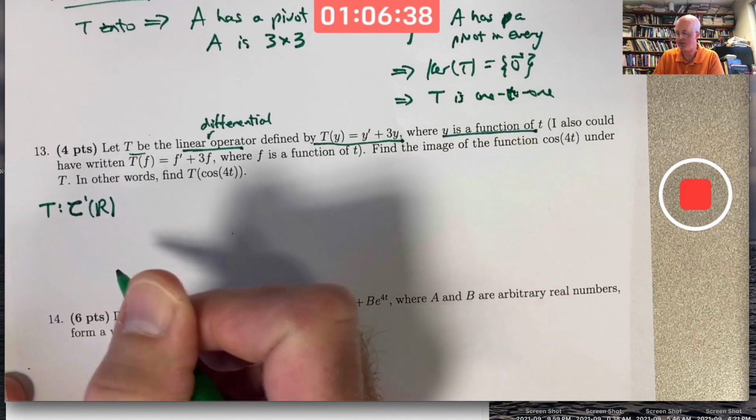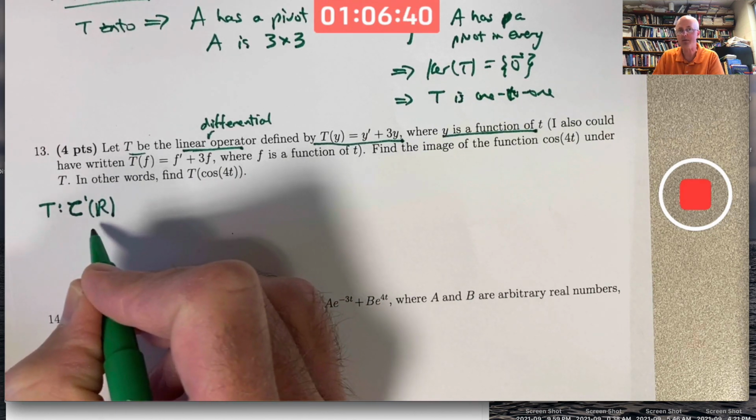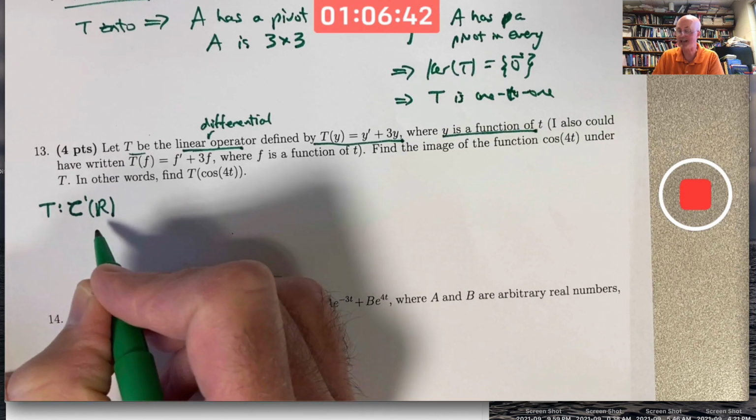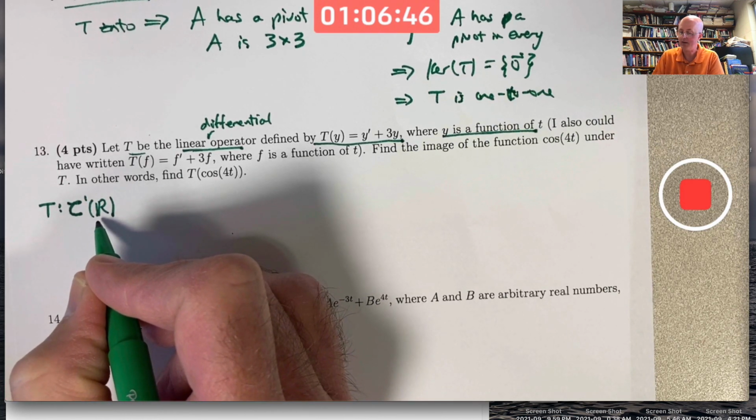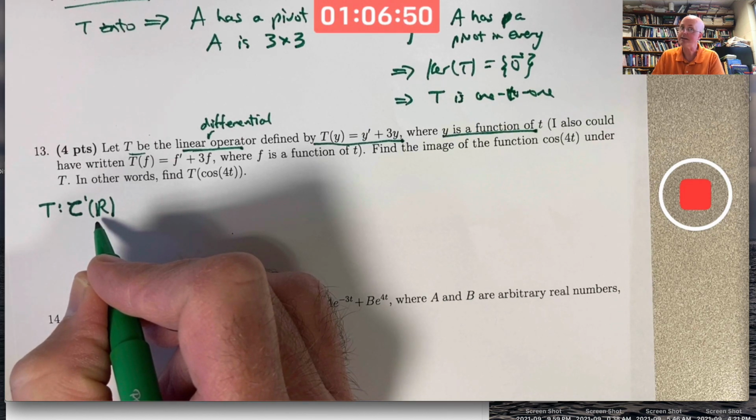That's a standard symbol for that kind of thing. This symbol means the set of all real valued functions that are defined and differentiable with continuous derivative on the entire real line. That's a mouthful, huh? That's a vector space.